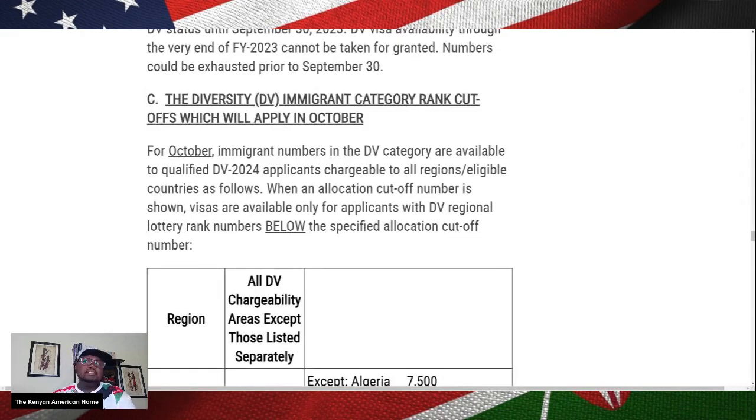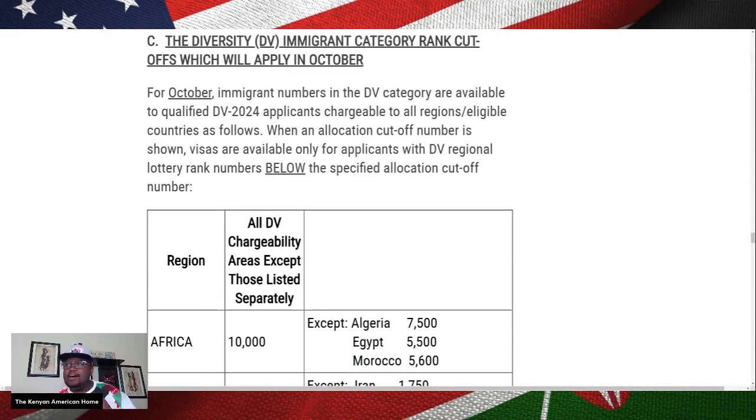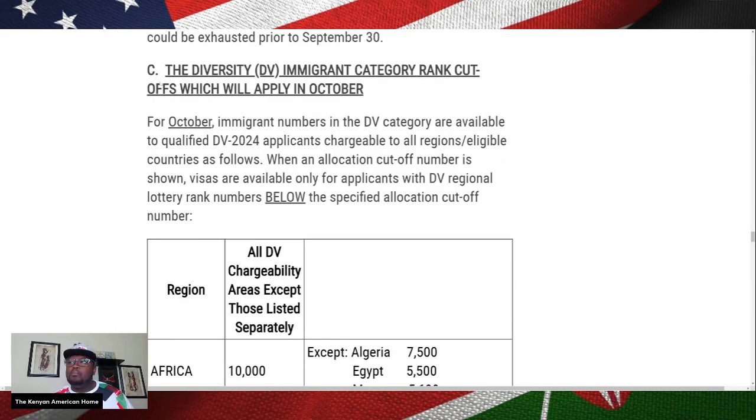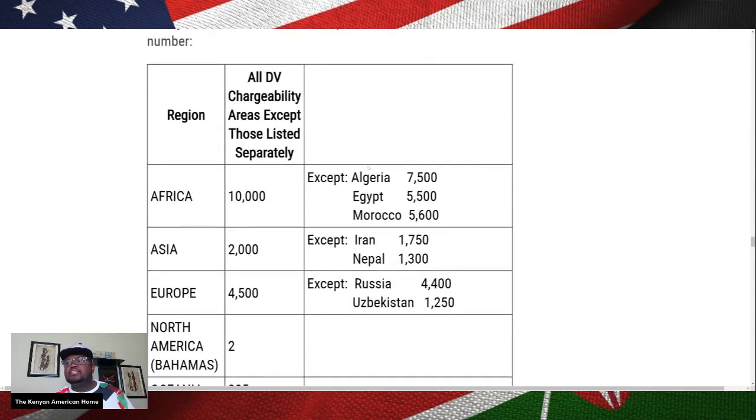So this is the visa bulletin that comes out every month. Okay, and every month, so see, we started for October. So they're telling us for October, this is for DV 2024. All right, so they start to put the cutoffs.